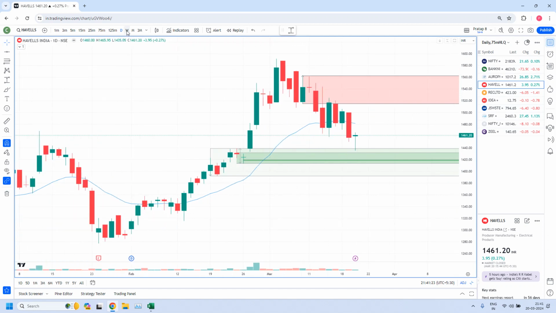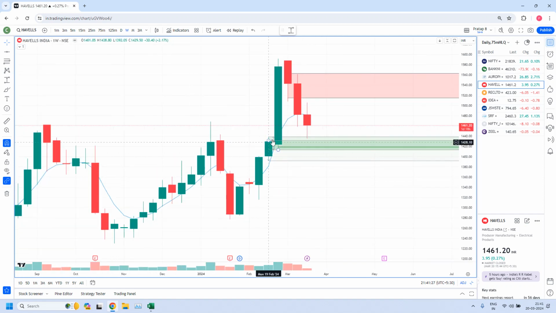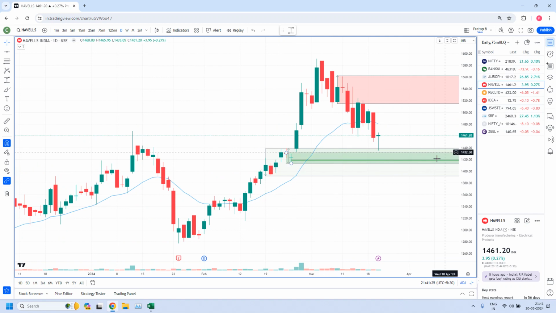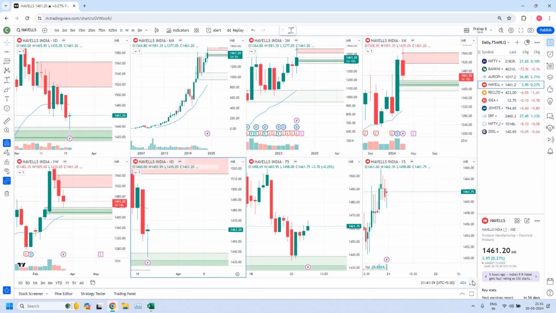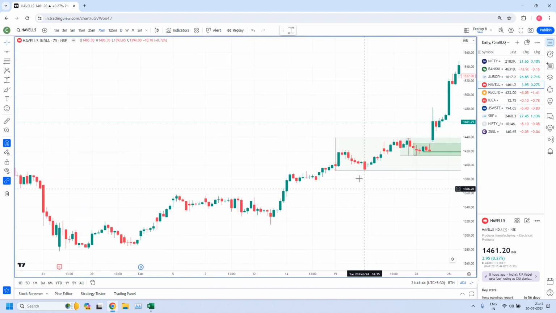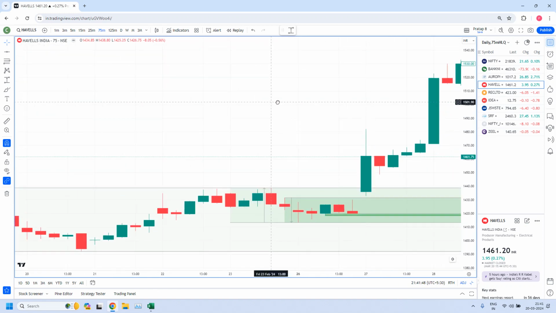You want to see? See here, you have rally, base, rally. This is the weekly chart. Inside this weekly, this daily zone is there. And this daily zone is a high liquidity zone. So what I did, fine tuned with 75 minutes.